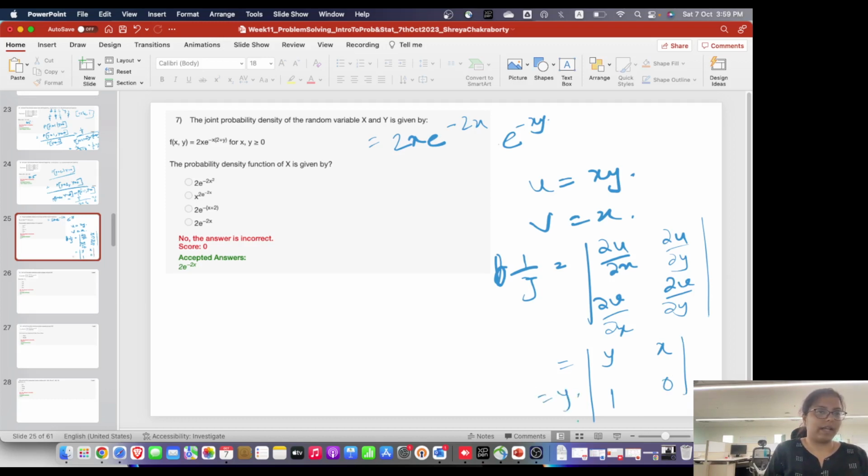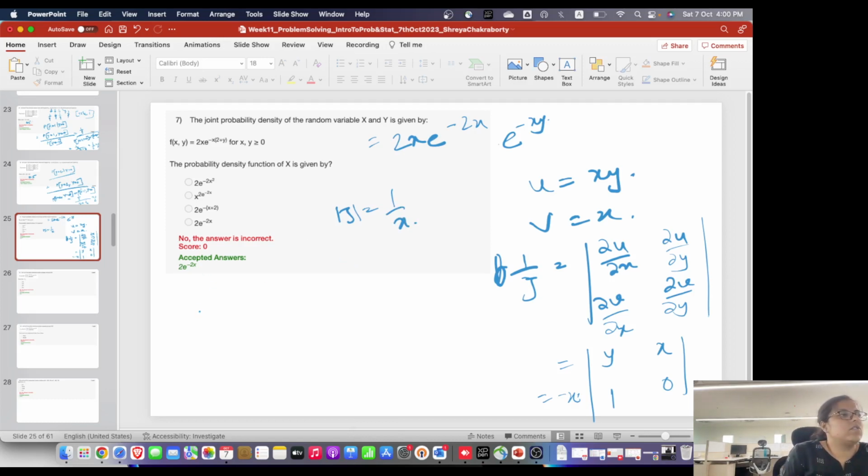So it is y. Sorry, this is y into 0 minus x. So this determinant is minus x. So mod of Jacobian will be one by x.